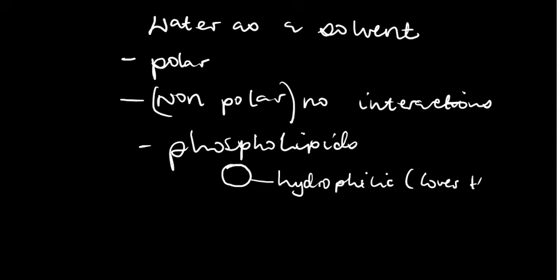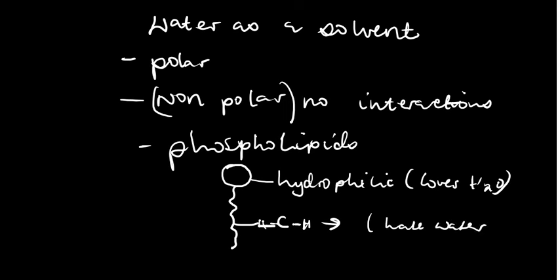And then the tail is a hydrocarbon chain, meaning it has many carbon to hydrogen bonds, and this tail is water hating. It hates water. So when we put this non-polar molecule in water, it will not dissolve. This is why, for instance, oil will just be floating on the surface of water because it can't dissolve inside, because it is non-polar.